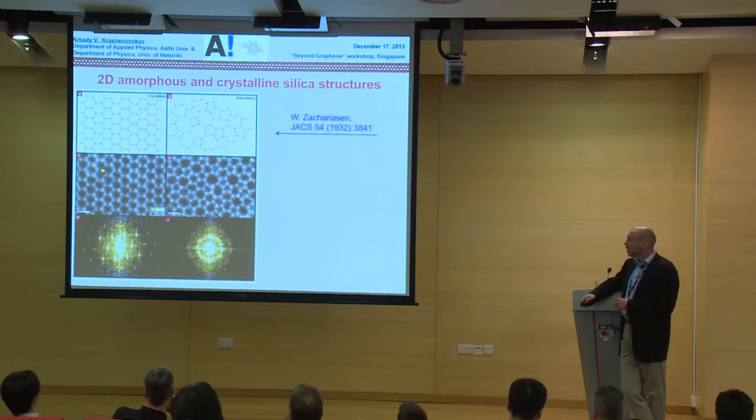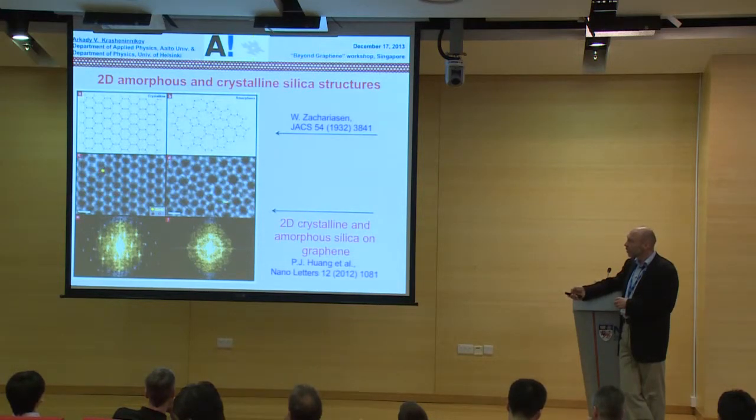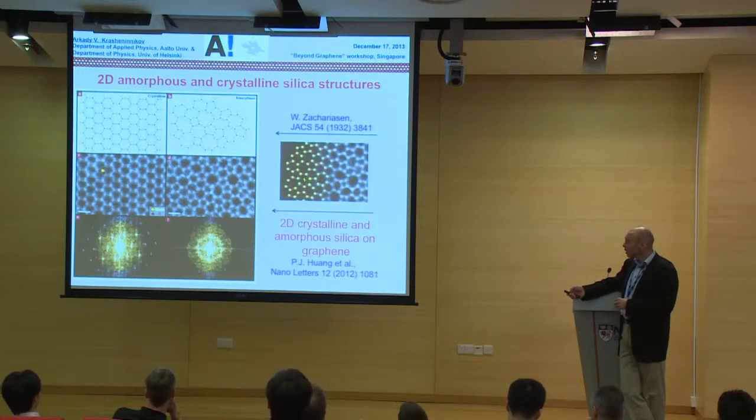And recently, my co-workers, when growing graphene on copper, found in TEM images quite peculiar structures which looked either periodic or random. And from EELS, we realized that oxygen and silicon were involved, which actually accidentally came from the quartz tube used in the apparatus for growing graphene on copper.